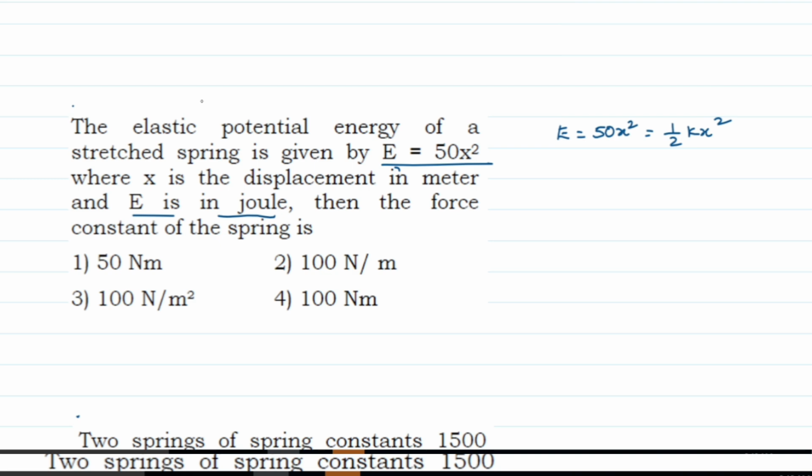Now, cancelling x square, we get 50 equal to k by 2. Then the spring constant value is 100 Newton per meter. This is the correct answer.